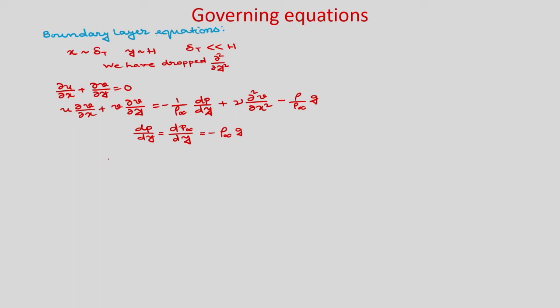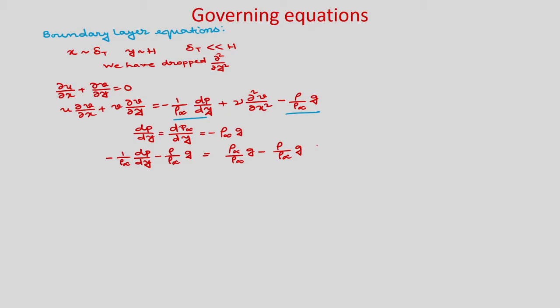Obviously you can see now these two terms together, you can write as minus 1 by rho infinity dp by dy minus rho by rho infinity into g. So, it will be rho infinity by rho infinity into g minus rho by rho infinity into g.